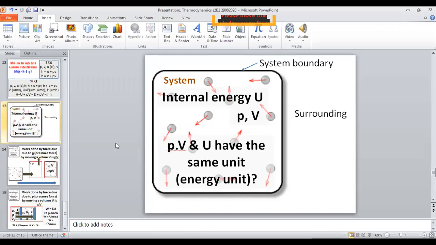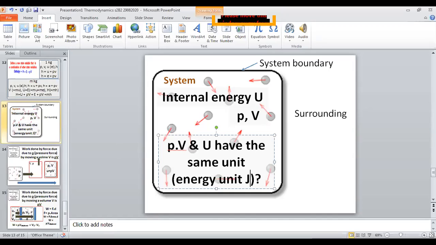And this is an energy unit. Energy unit means joules and kilojoules. Interesting.